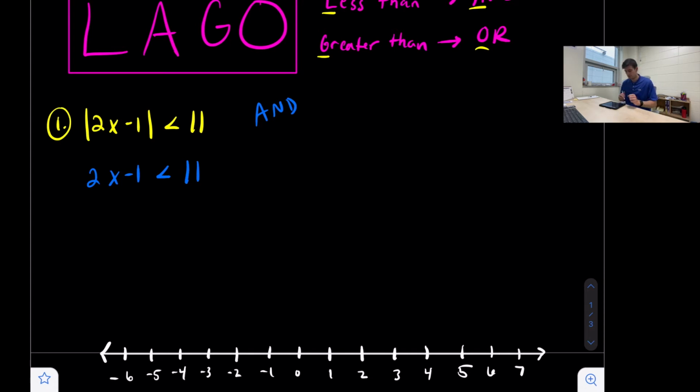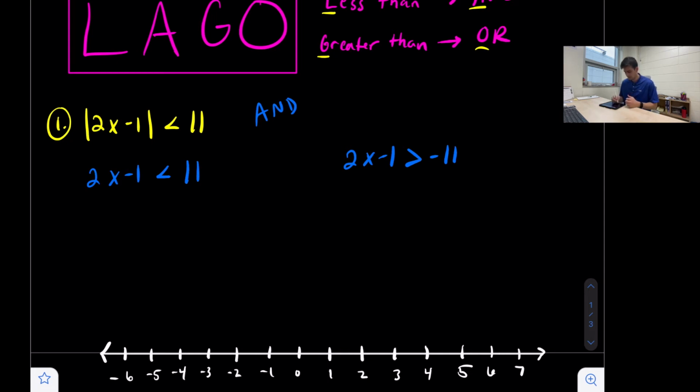We'll solve it in just a second. The second compound inequality that we're going to write, what's inside the absolute value stays the same, 2x minus 1. But we need to flip the sign, and we need to make the right side opposite. So instead of positive 11, we have negative 11. So this means our solutions are going to be less than 11, but greater than negative 11. We're going to see what that looks like on our number line in just a second.